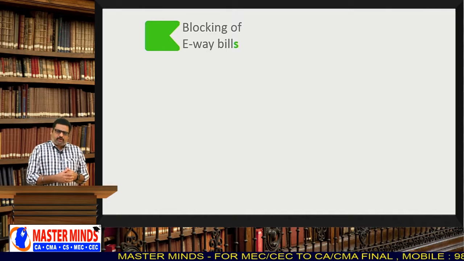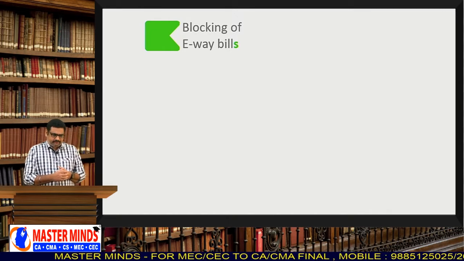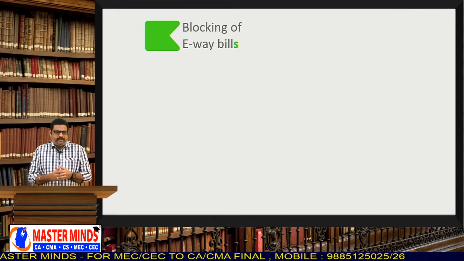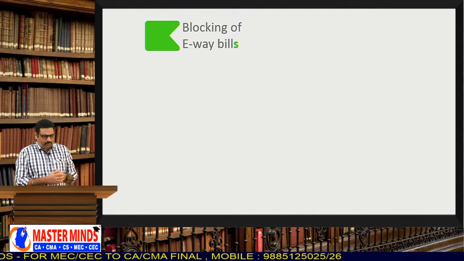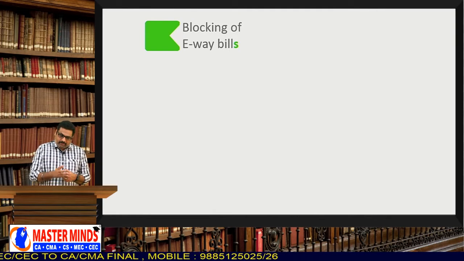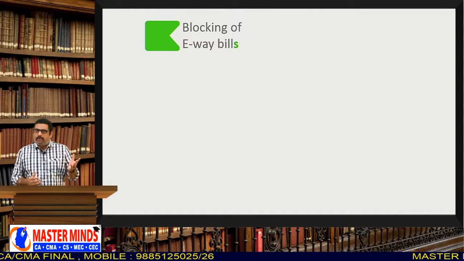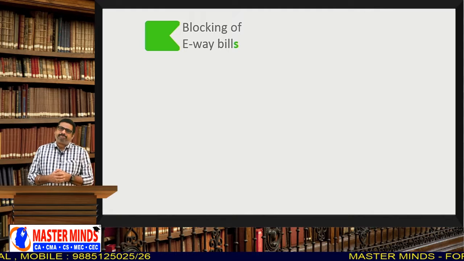In the same way, the composition supplier is required to file CMP 08 on a quarterly basis on or before the 18th of the immediately succeeding month. Further, he is required to file GSTR4 on an annual basis on or before 30th April of the following financial year.